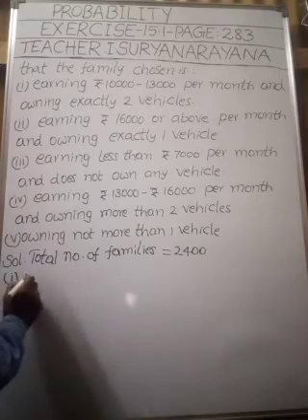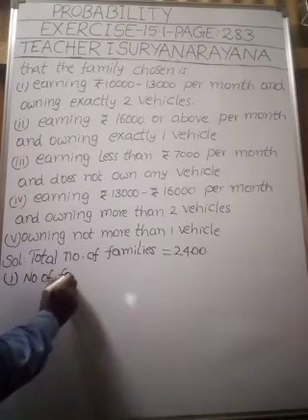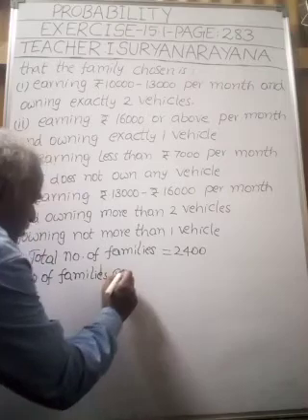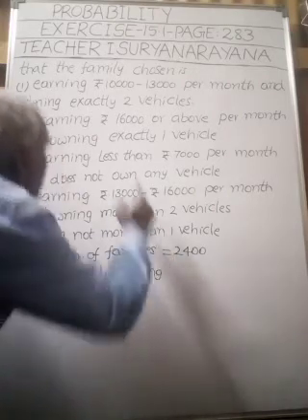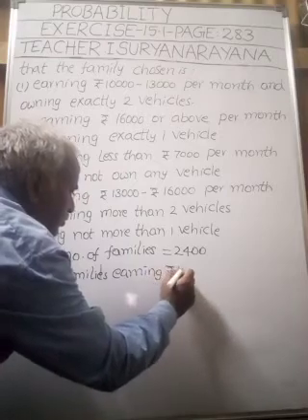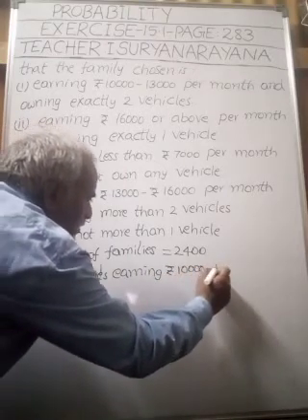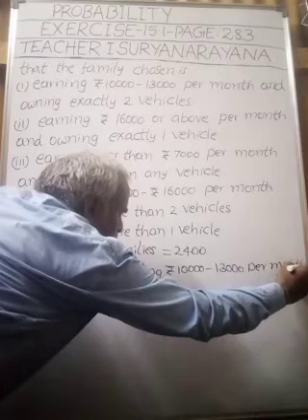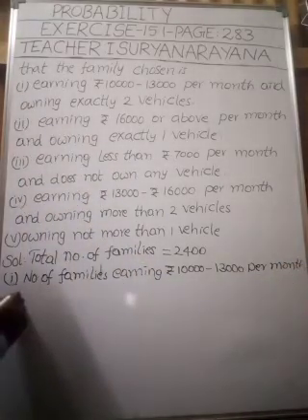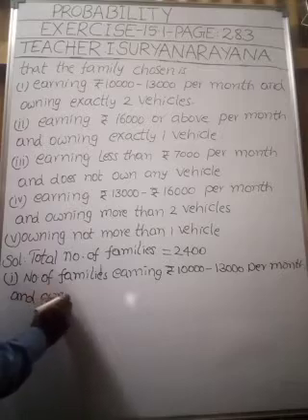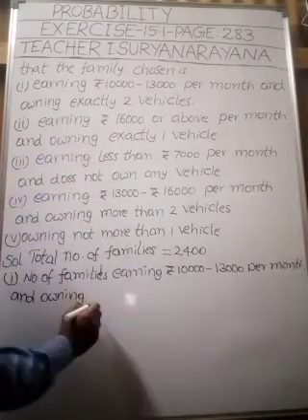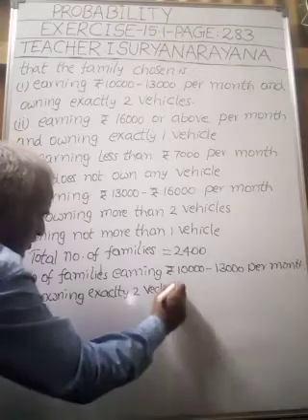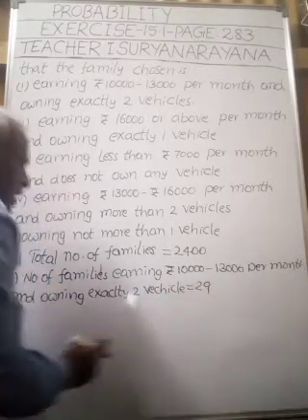So, number of families earning 10,000 rupees to 13,000 rupees per month and owning exactly two vehicles, that is equal to 29.